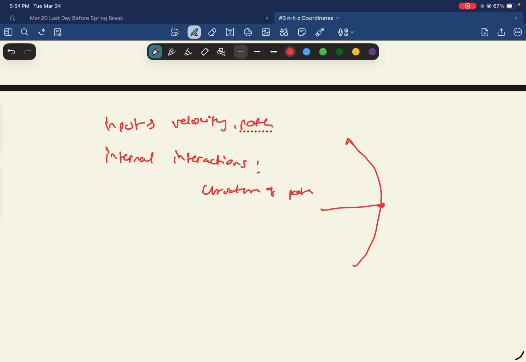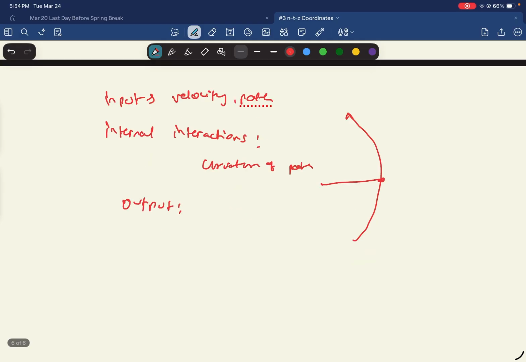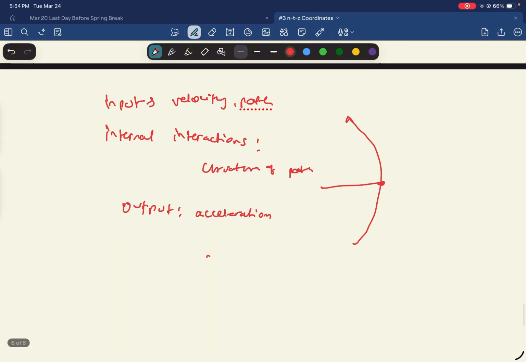So this is the object. And what is its output? If we calculate all of these, why? Because we want to describe the motion, its acceleration. So the output will be acceleration. For example, you describe acceleration as acceleration in the normal direction plus acceleration in the tangential direction, and then you find the magnitude of acceleration using the sum of the squares of both terms under a square root.